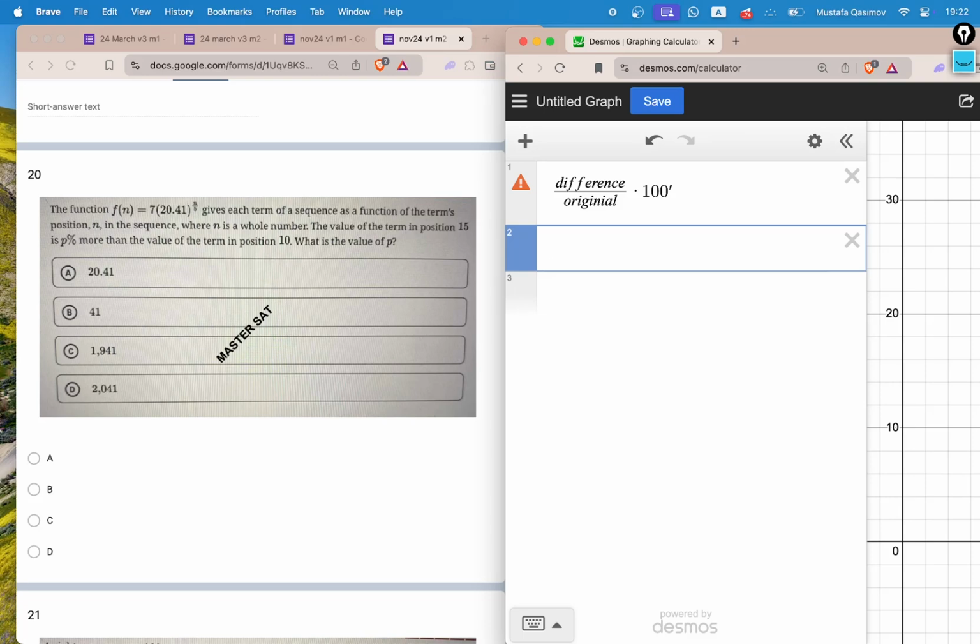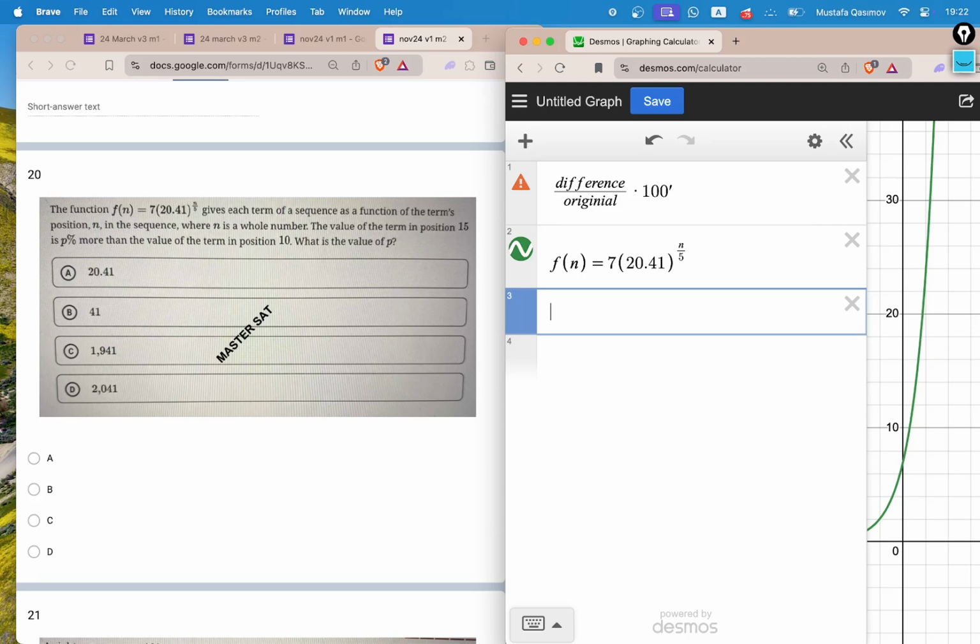It says that the value of 15 is p% more than the value of 10. Let's write our function. Then let's find f15 and f10.